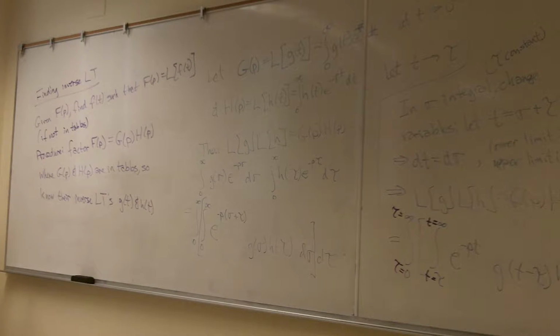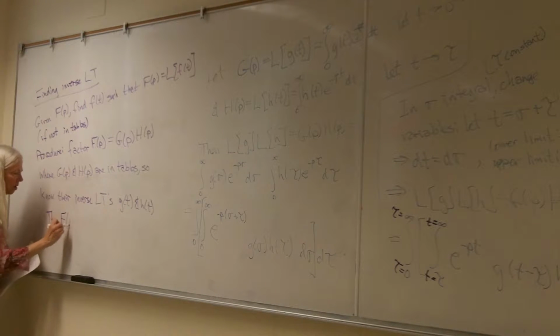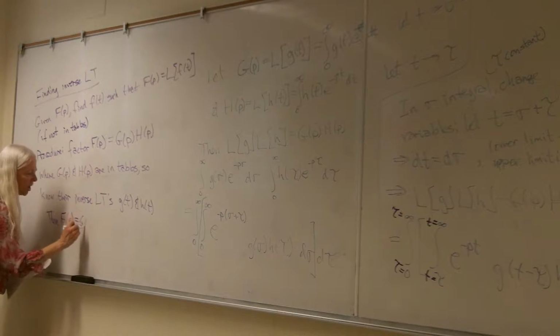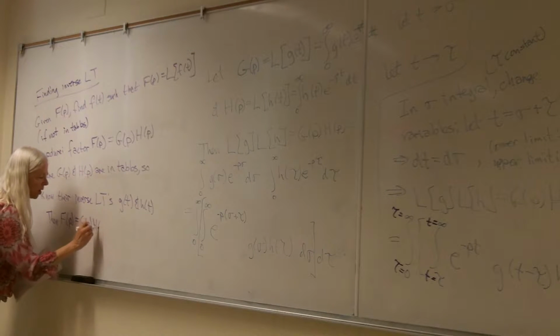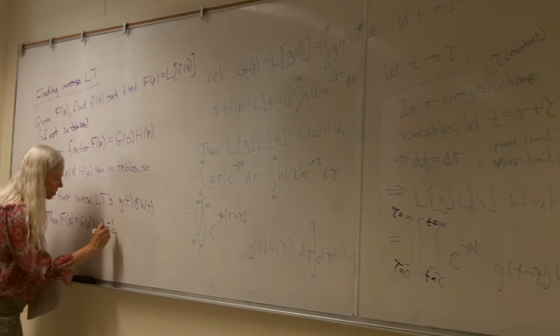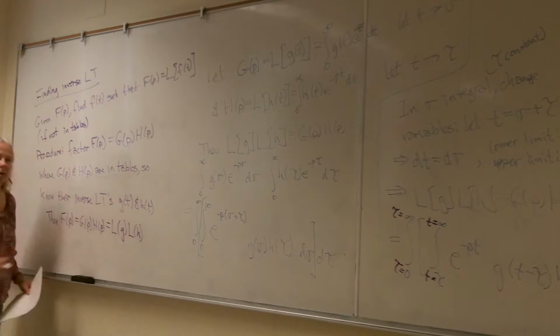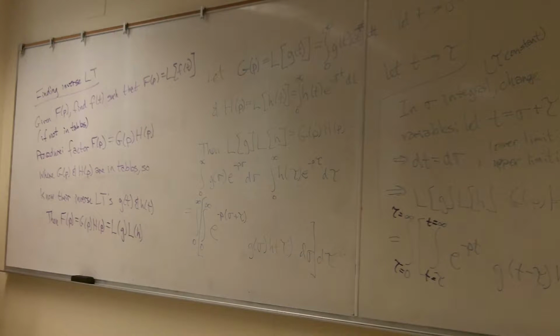Okay, then capital F of p, which again was capital G of p times capital H of p, in other words, the Laplace transform of g times the Laplace transform of h. I have little g and little h.